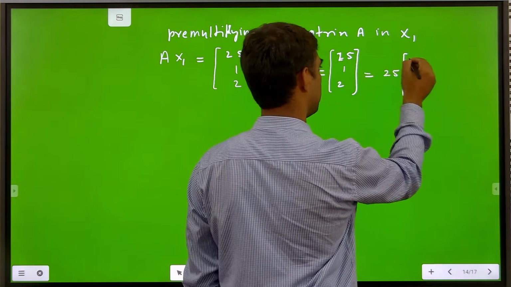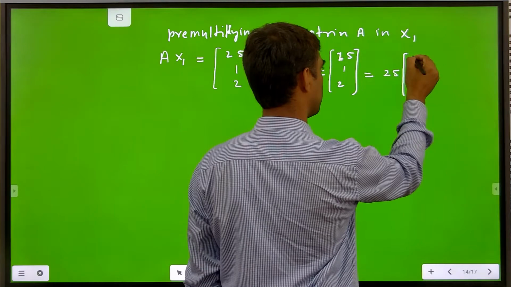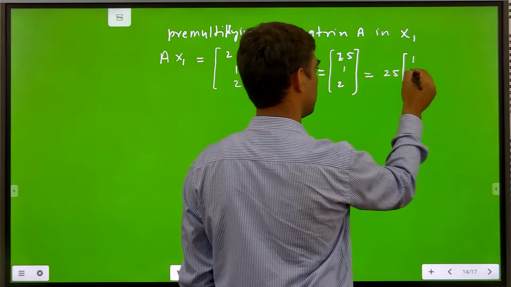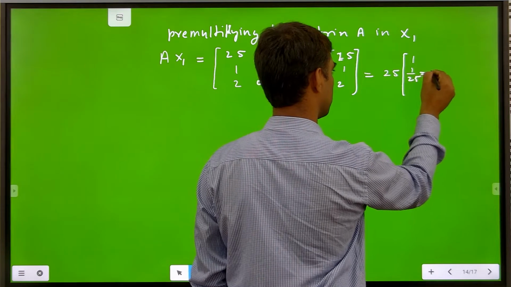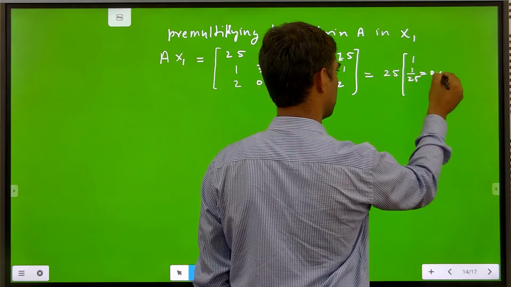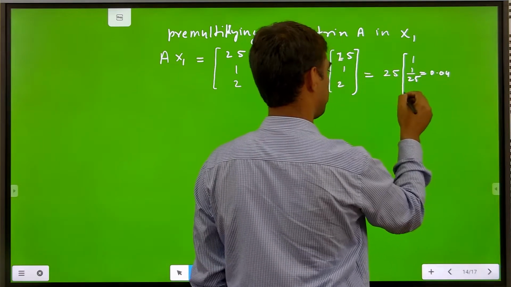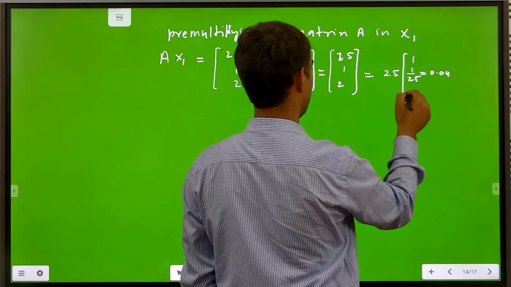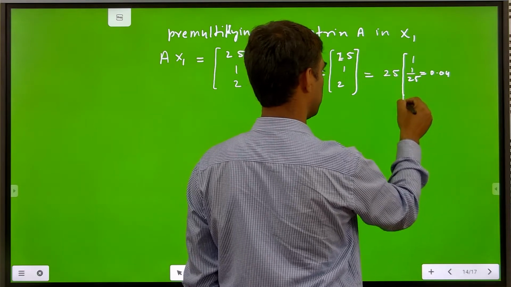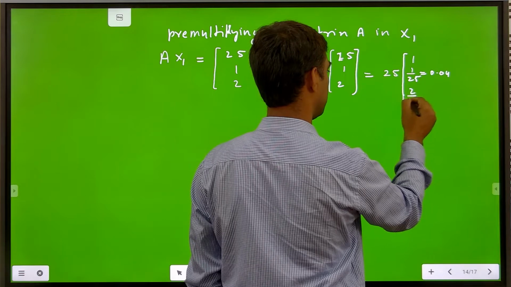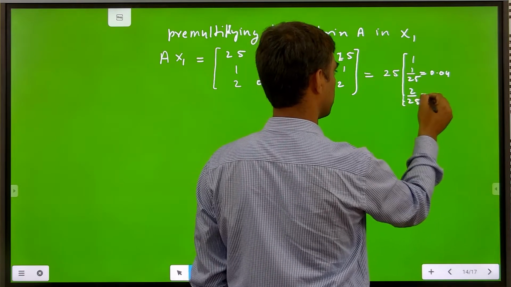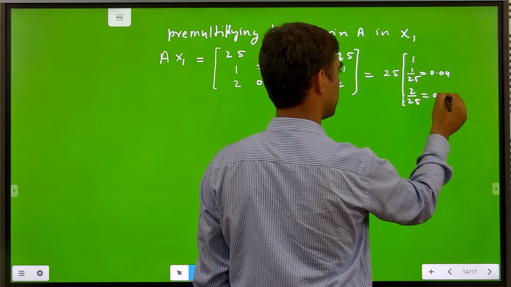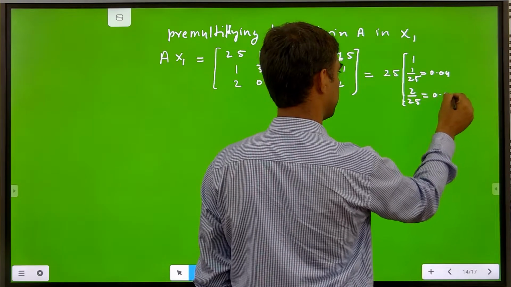Then the first element 25 by 25 becomes 1, 1 by 25 becomes 0.04, and 2 by 25 becomes 0.08.